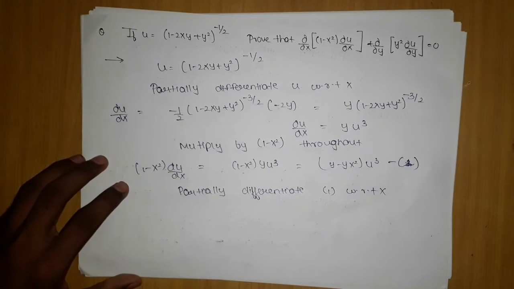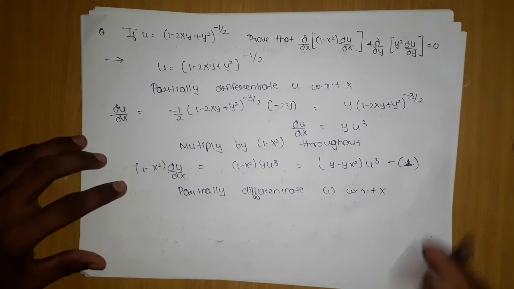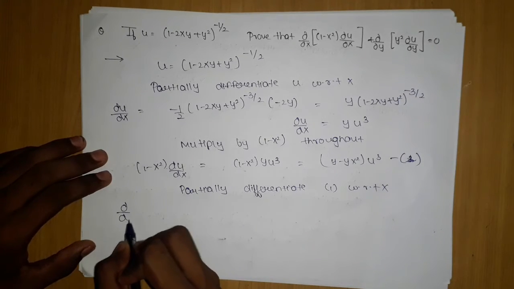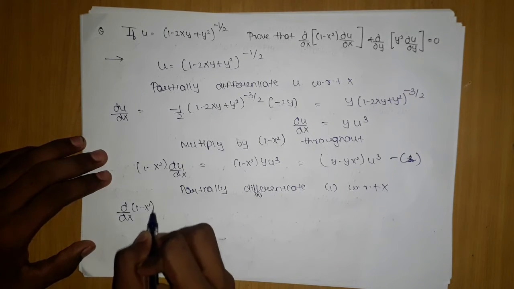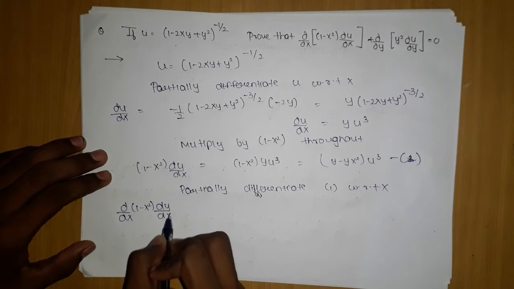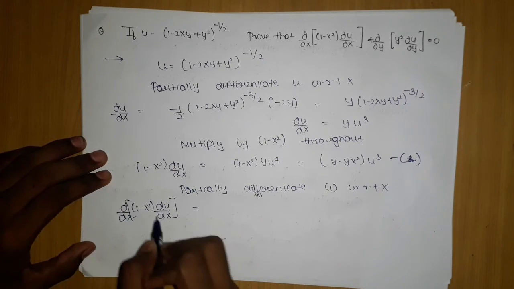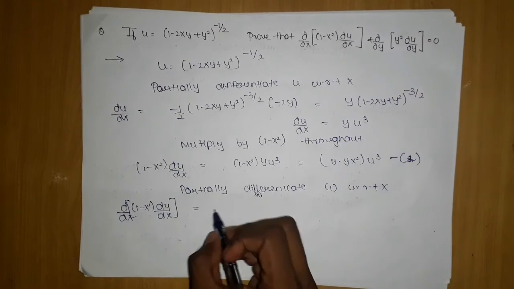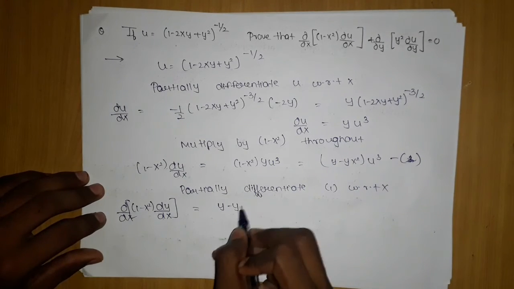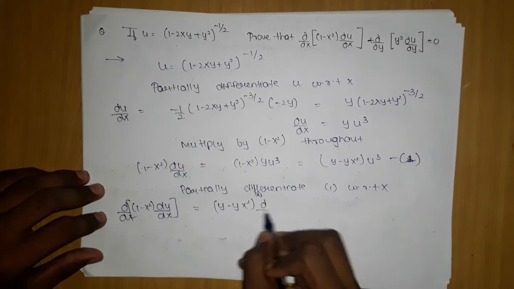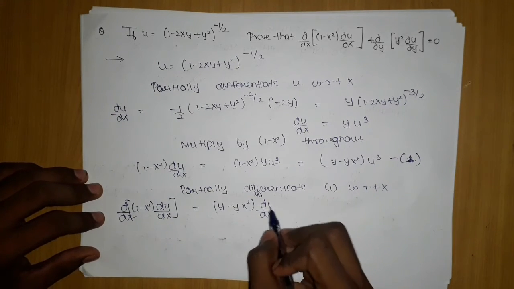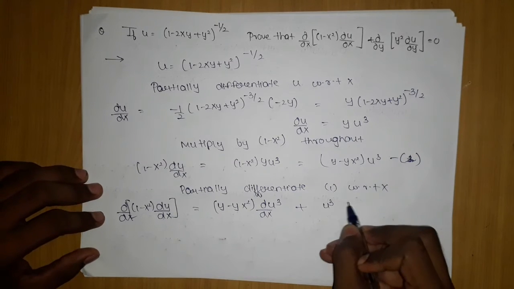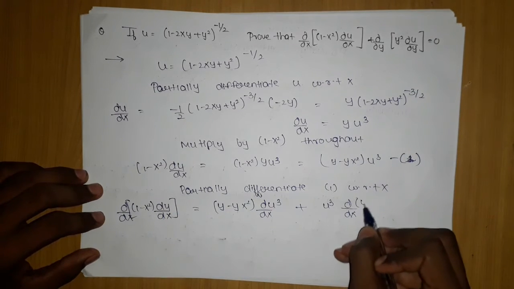If I differentiate it with respect to x, what we are going to get is ∂/∂x [(1 − x²) ∂u/∂x], this whole bracket, which is this stuff. So I'm going to apply the chain rule. (y − yx²) will be kept as it is while u³ is differentiated, and then u³ is kept as it is while (y − yx²) is differentiated with respect to x.